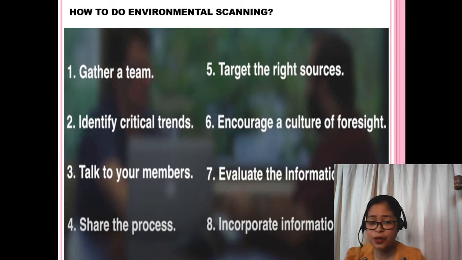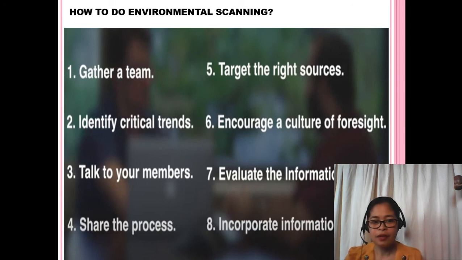You have to share the process and then target the right sources. As I was saying a while ago, the right sources are very important. You just can't believe what is written or what is trending. You have to know if the source of that news or information is legit enough.